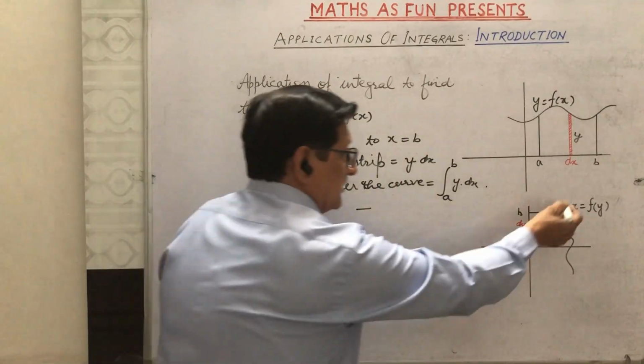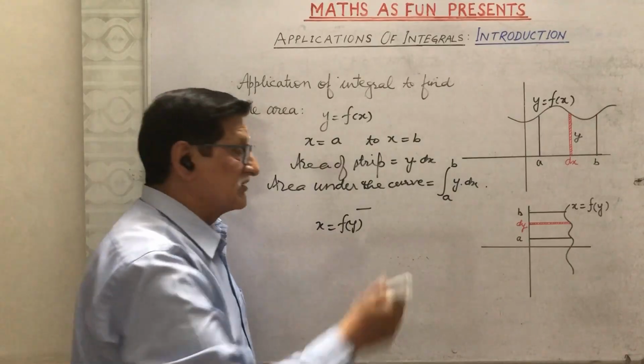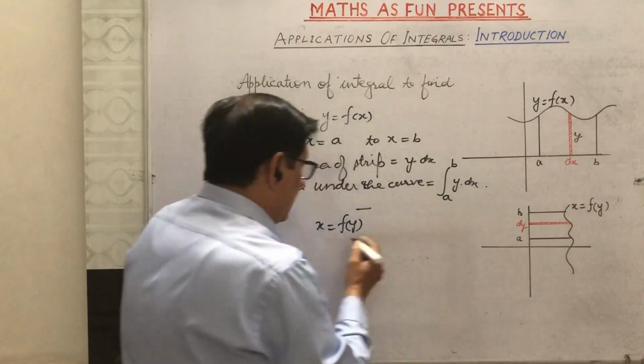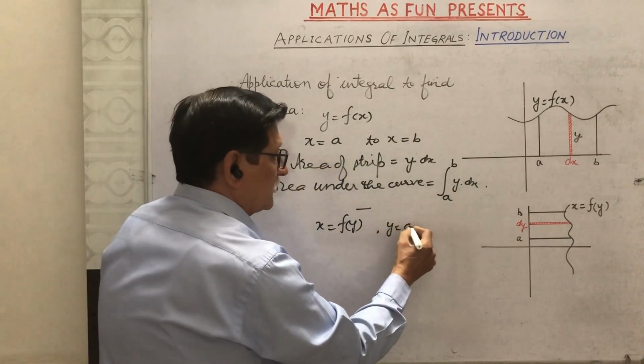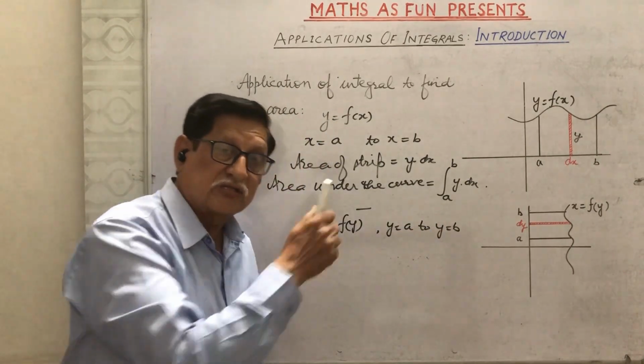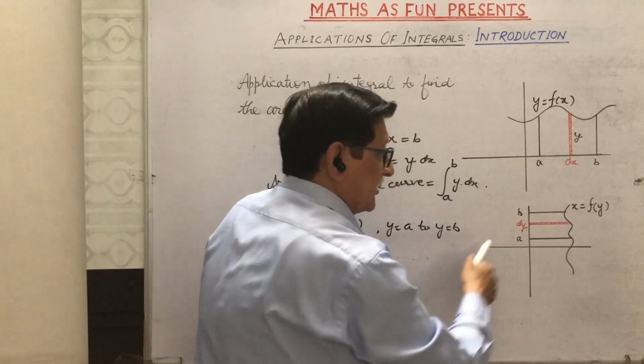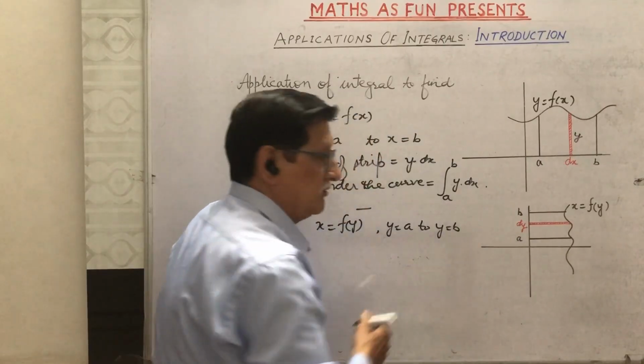In case the curve is like this, that is x is equal to f(y), and suppose we have to find out the area from y equal to a to y equal to b. In such case, we can draw a strip parallel to the x-axis, that of width dy.